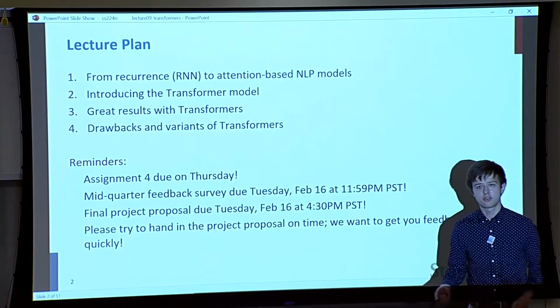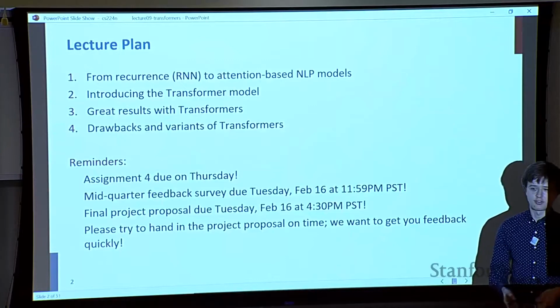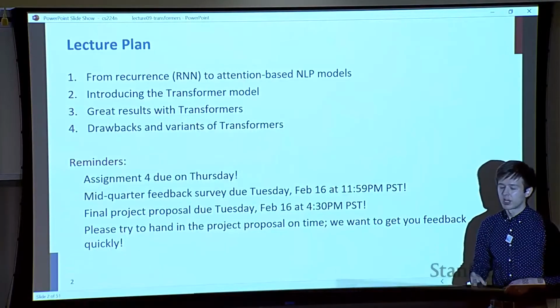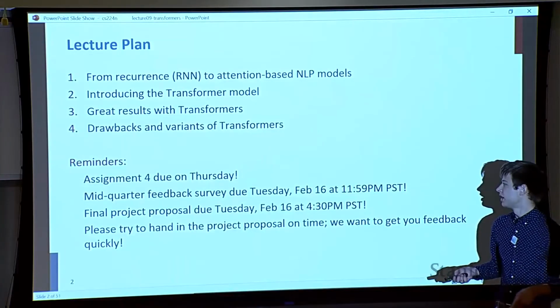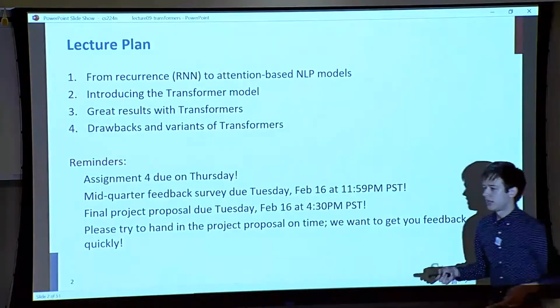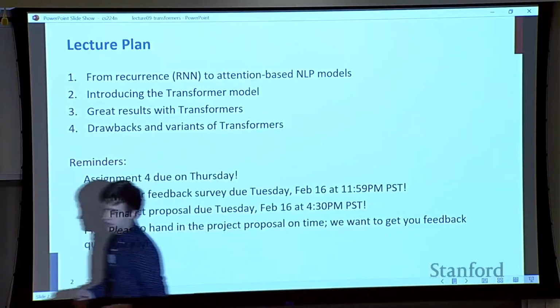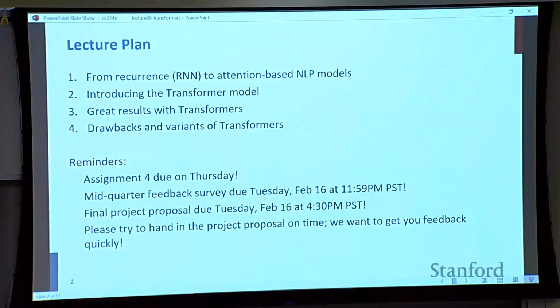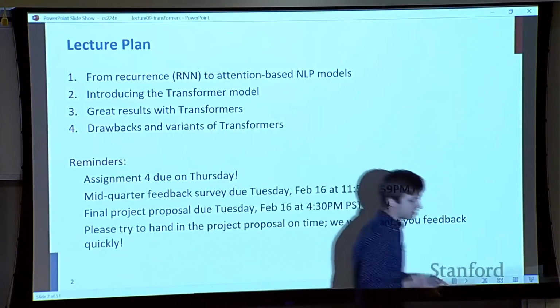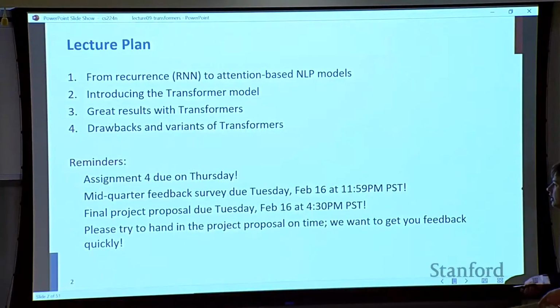One note on the proposals: I'd say the main part of the goal of the proposal is to give you feedback on the idea that you have presented and make sure that it is a viable option for a final project, and make sure we recenter if not. And so we want to get feedback to you very quickly on that.